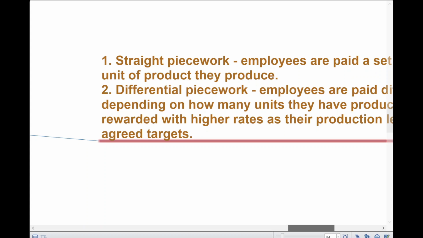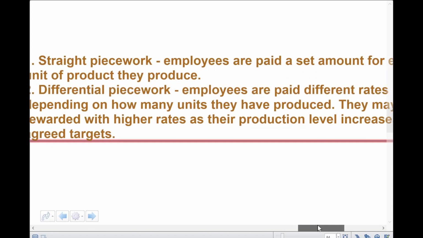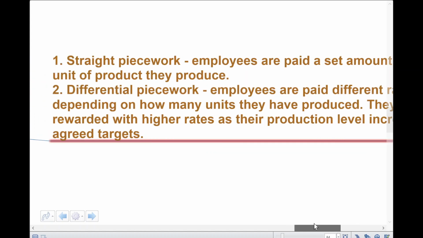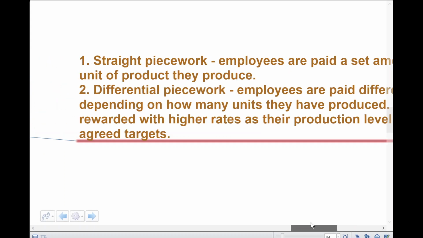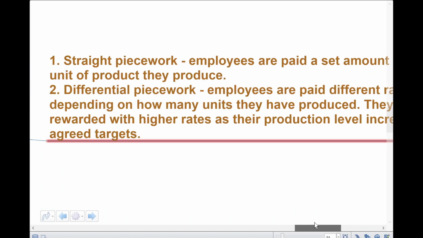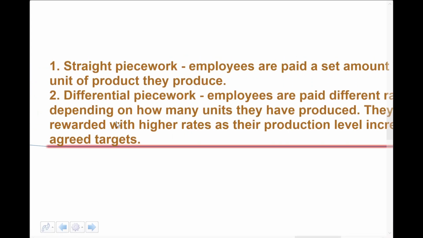What about differential piecework? Okay, well, employees are paid different rates per unit depending upon how many units they have produced. So in effect, they may be rewarded with higher rates as the production level increases above agreed targets. So if you will, there's an element of incentive there, okay?